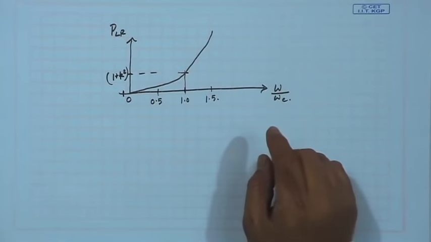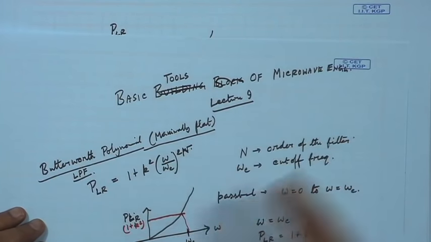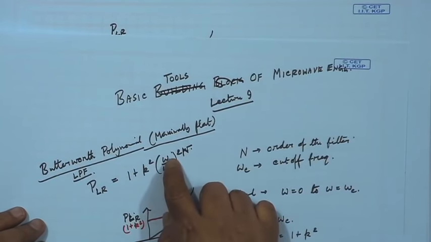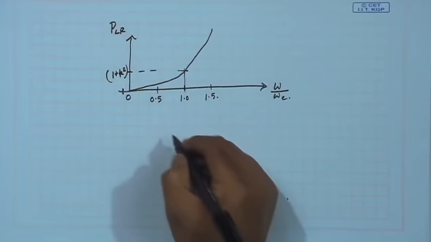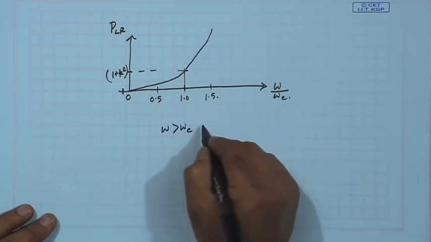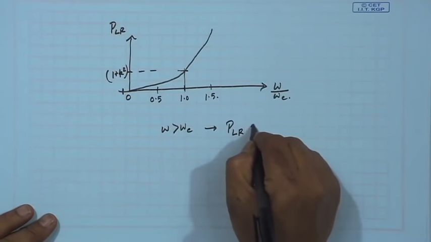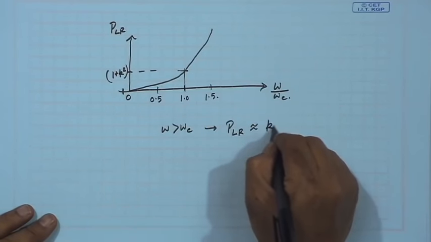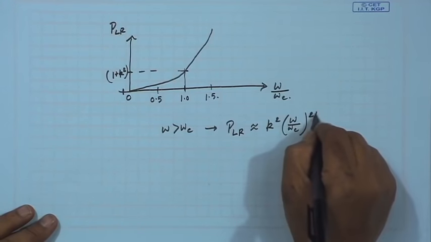Also, what happens to this polynomial when omega is well into the stop band, that means omega by omega c is a large number? Then can I say that for omega greater than omega c, PLR is approximately k square omega by omega c whole to the power 2n.